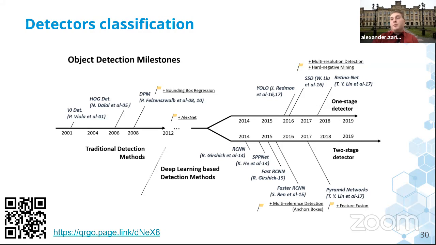The most popular representatives of this family are RCNN, Fast RCNN, and Faster RCNN. On the other hand, one-stage detectors perform both localization and classification of our objects at a single stage. And one of the most popular representatives of one-stage detectors is SSD.